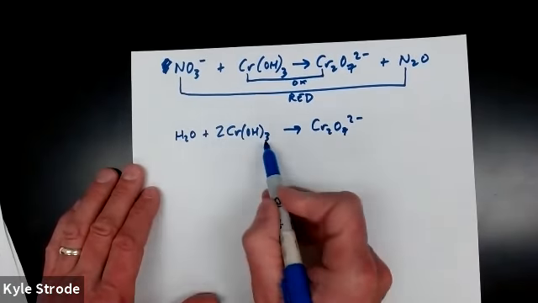Okay, looking at the bottom reaction and multiplying it by its factor of 3, I've got 24 electrons, 30 H plus, 6 nitrates, 3 N2Os, and then I have 15 waters.